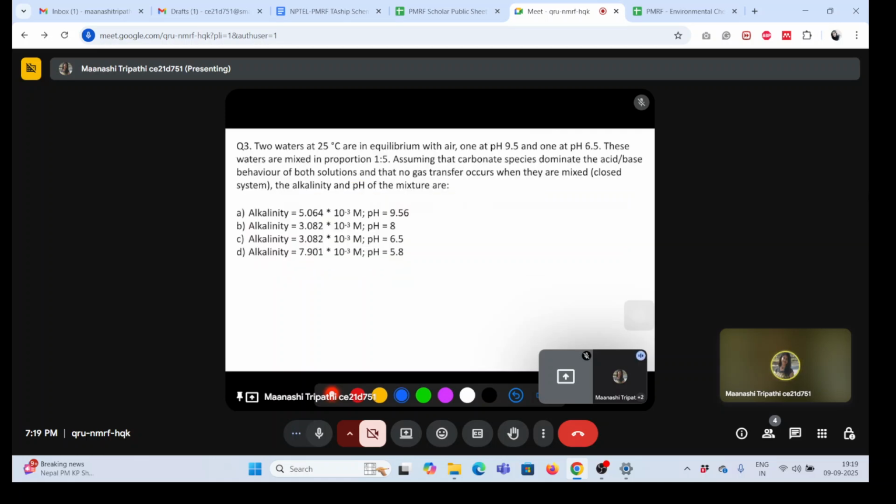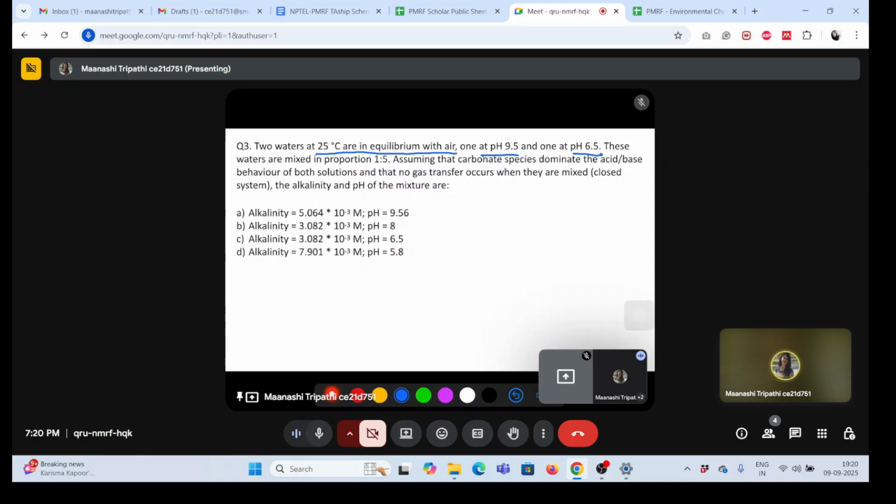Coming to the next question. Two waters at 25 degrees are in equilibrium with air, one at pH 9.5 and one at pH 6.5. When it is in equilibrium with air with different pH, it means the carbonic acid system is different. The composition, the different species of carbonic acid, is different in different water.